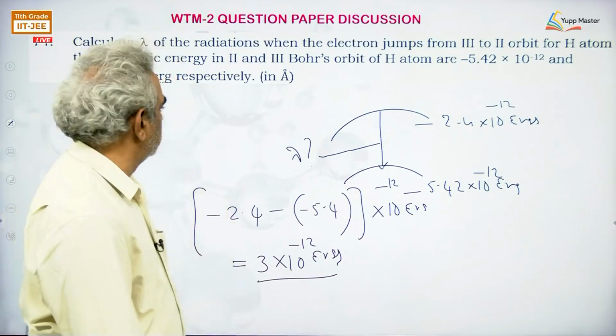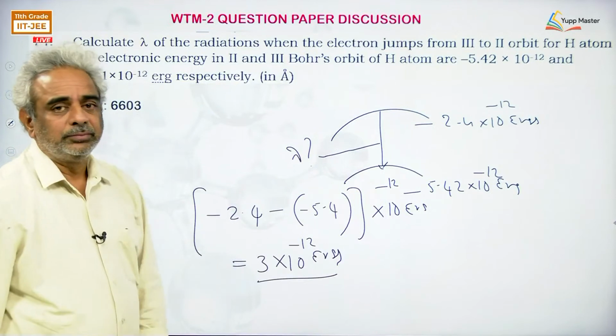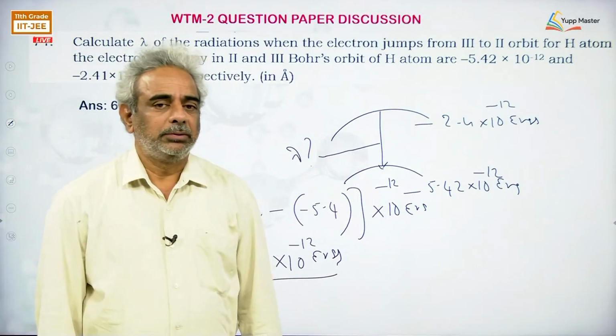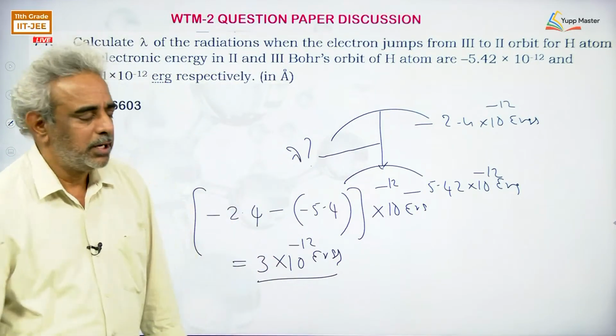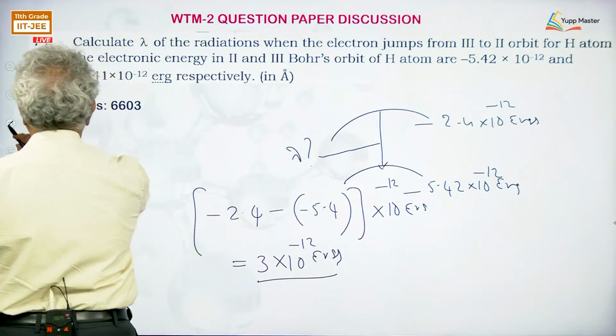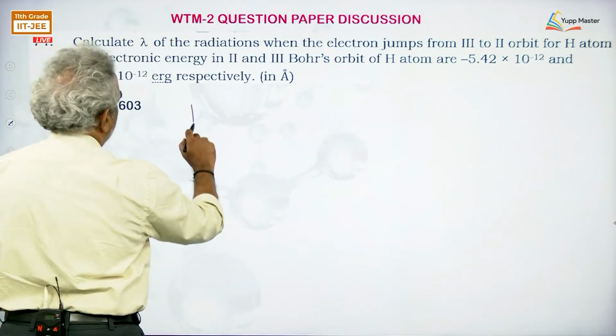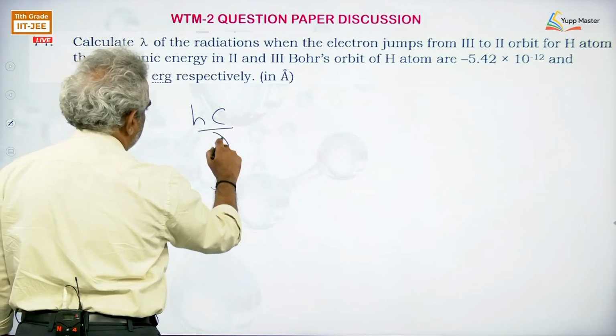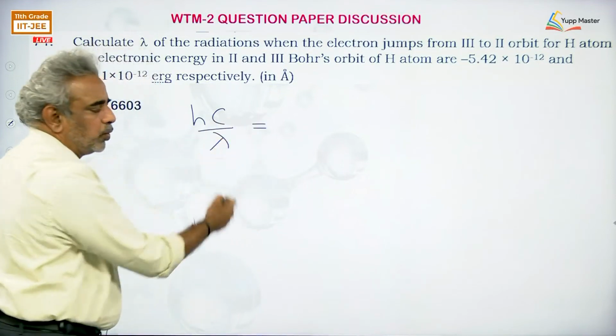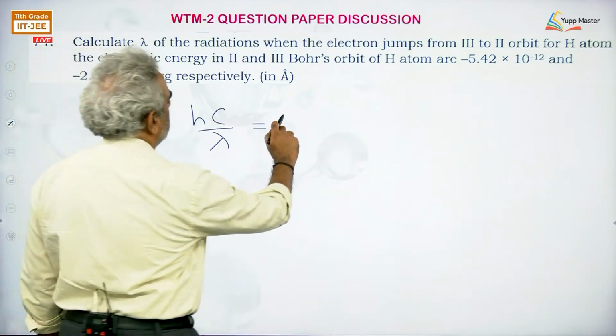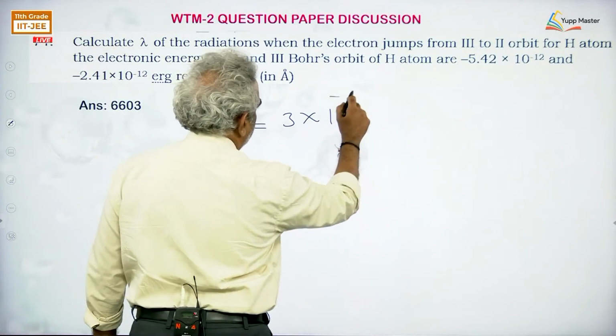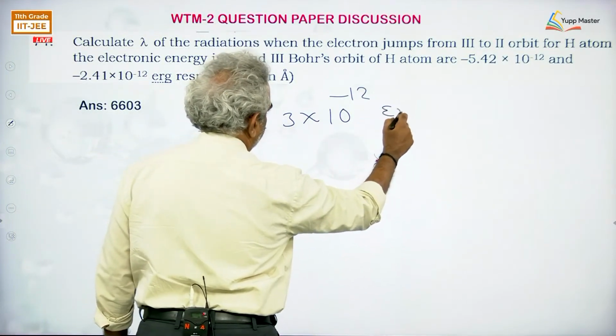What is he asking? Wavelength. How to calculate wavelength? Once you know the energy in ergs, very simple. We know hc by lambda is energy only. h nu is energy. How much you got? 3 into 10 power minus 12 ergs.